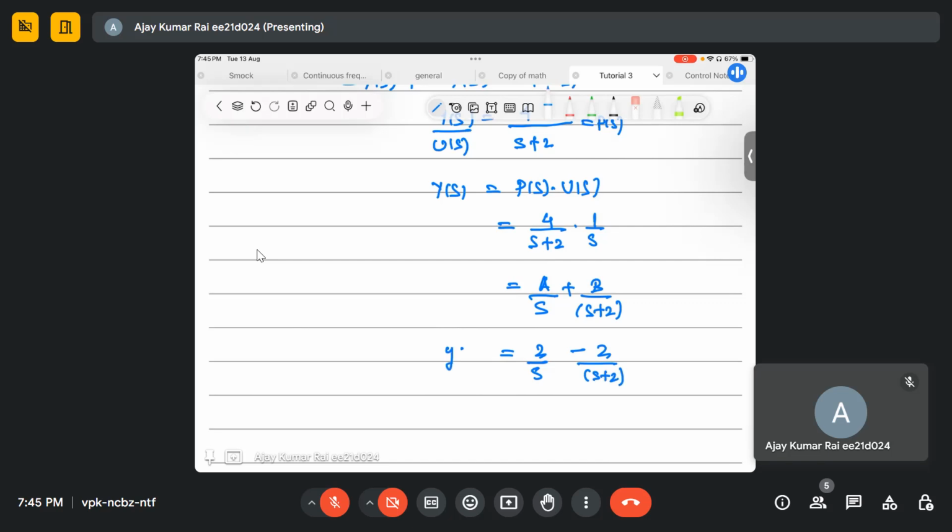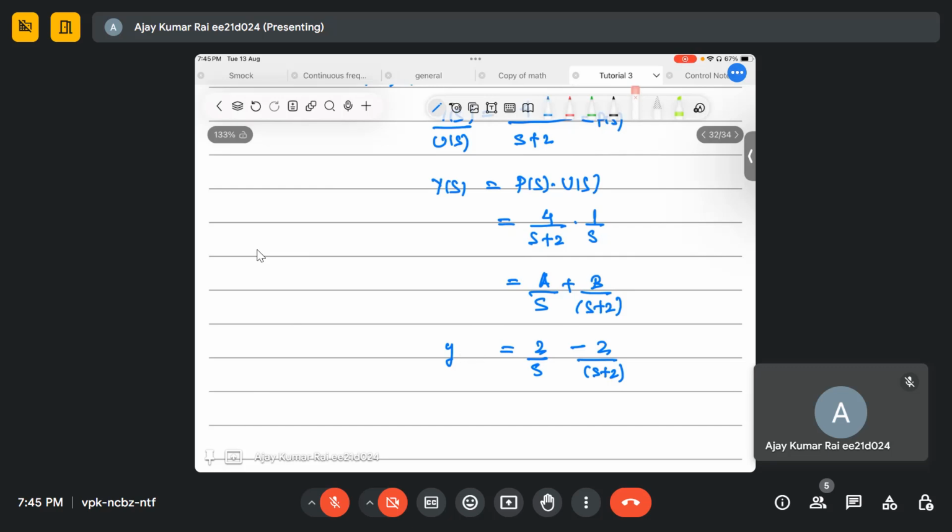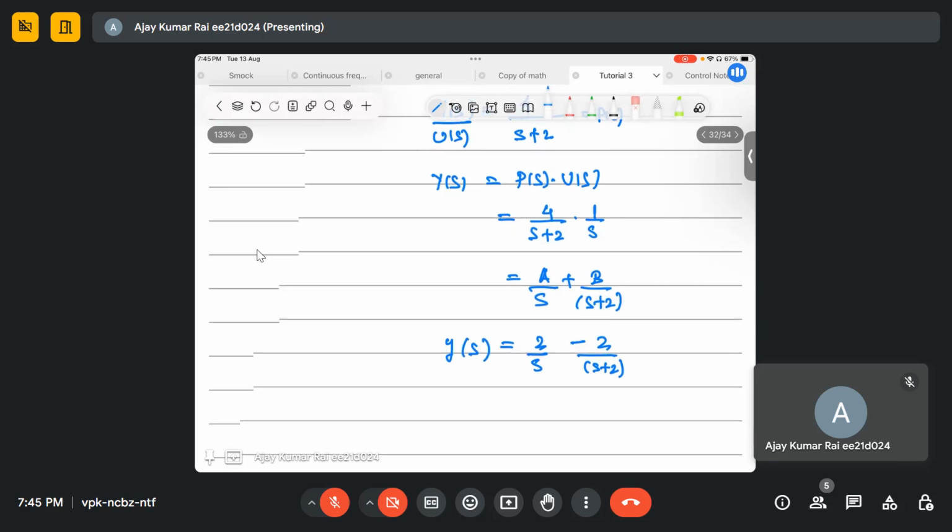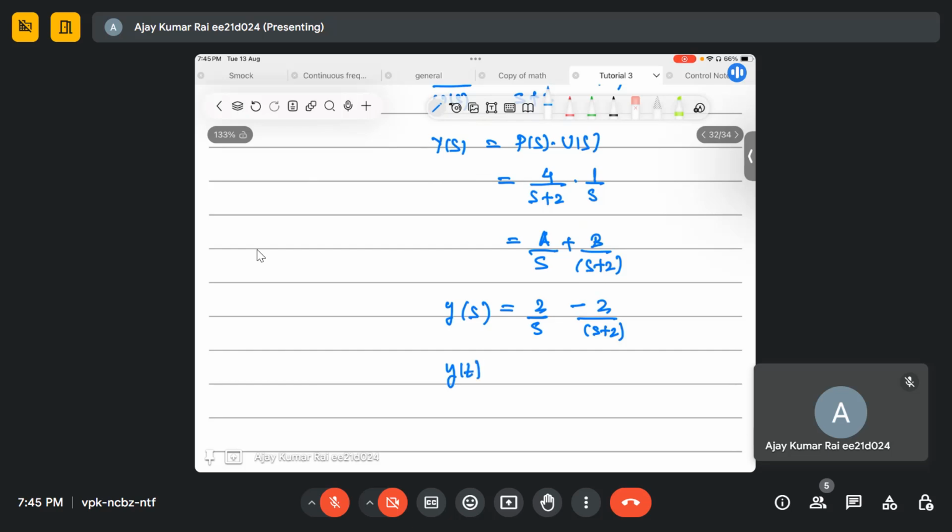Please check. This is not y of t, this is Y of s. Again, we have to take the inverse Laplace transform to get the value: 2 minus 2 e raised to minus 2t. Again, we can bring out the 2 here, so 2 times 1 minus e raised to minus 2t.